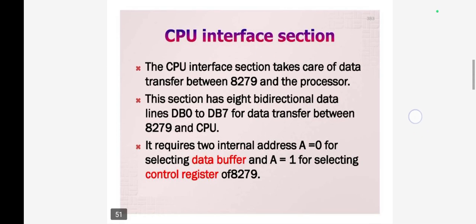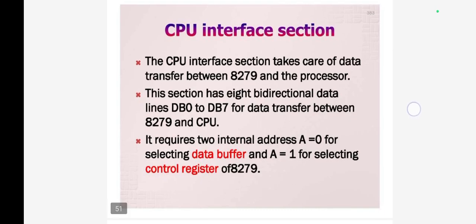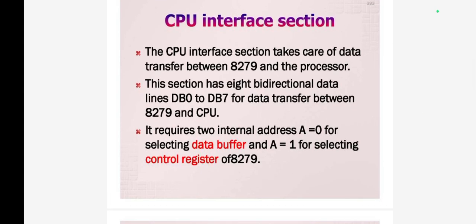The microprocessor interface section takes care of the transfer between 8279 and the processor. This section has 8 bidirectional data lines DB0 to DB7 for data transfer between 8279 and the microprocessor.